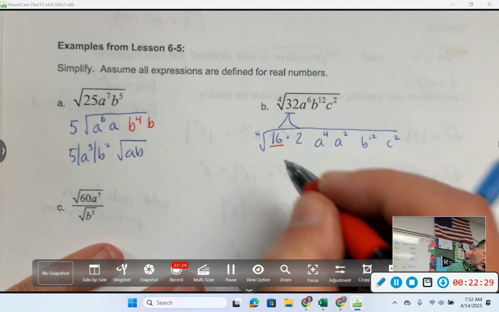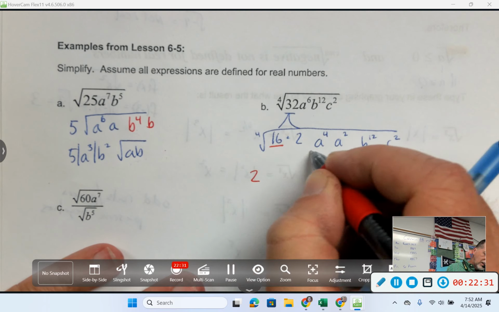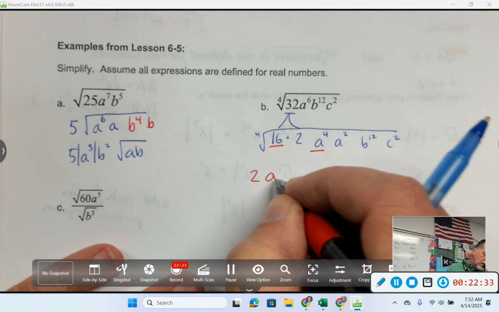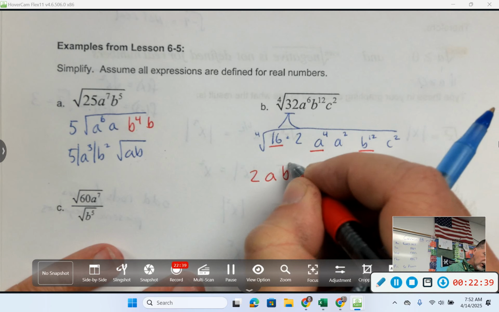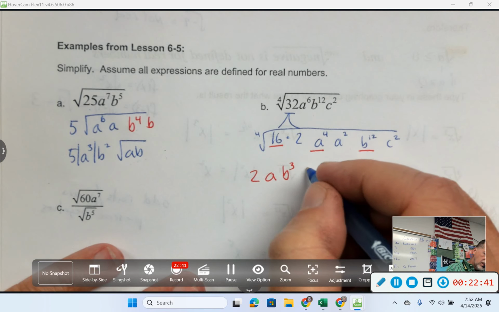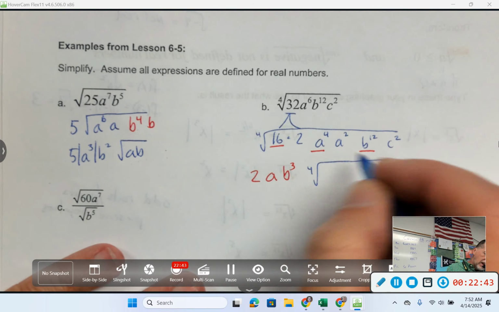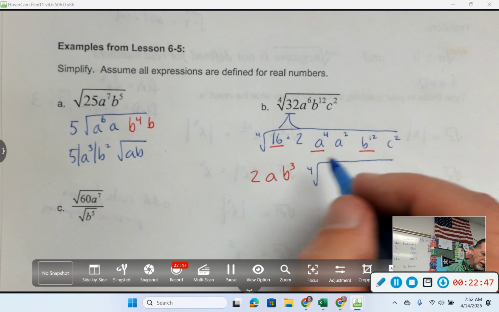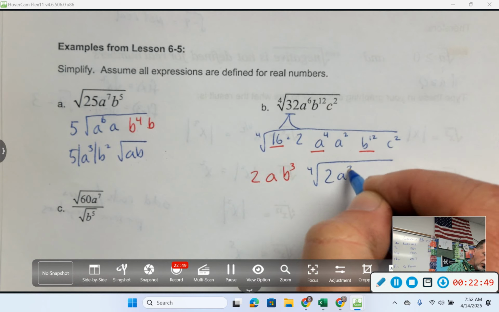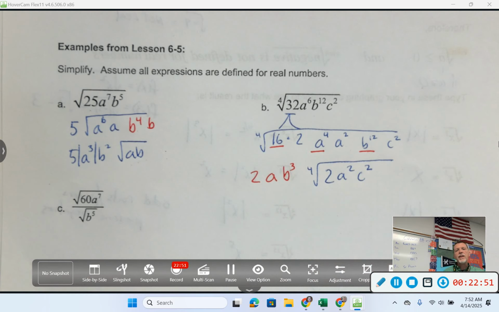The 16 has an answer. A to the 4th has an answer. And B has an answer. And I do need to think about positives and negatives and absolute value, but let me put the rest of this stuff back in the house there.